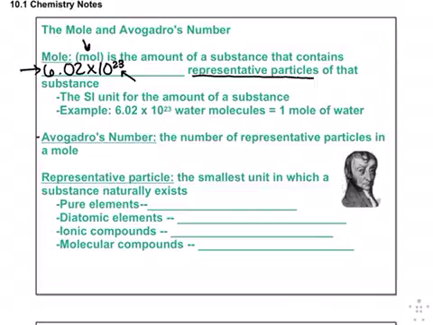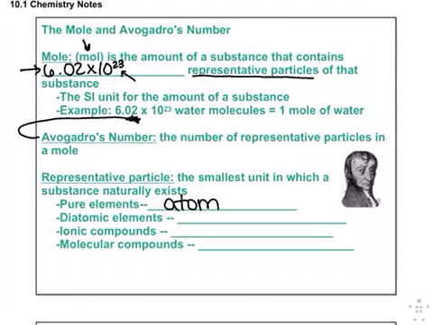Avogadro's number is this number. Okay? He's the dude that figured out that the number of representative particles in a mole is 6.02 times 10 to the 23rd. A representative particle is the smallest unit in which a substance naturally exists. So pure elements, like sulfur or nitrogen, their representative particle is an atom. An atom is the smallest part of an element that still maintains that element's property.